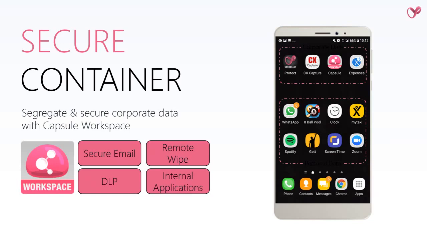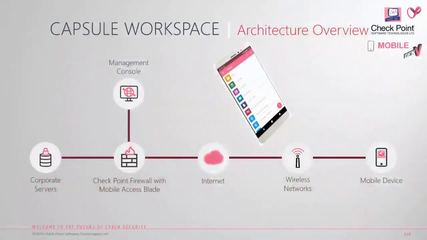And the DLP feature is also there, and internal applications, so you can categorize and containerize each and every application, the business related applications and personal applications. So this is how it will work. The Capsule Workspace can also be integrated with the Checkpoint firewall with the mobile access blade.